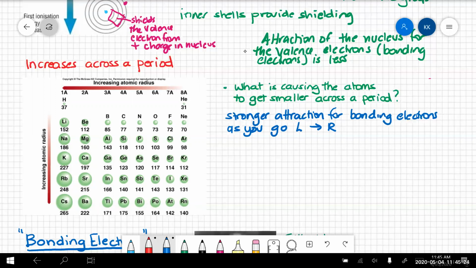Within the same period, the distance between the nucleus and the valence electrons is about the same, and there's always the same number of shells, so you've got the same shielding.